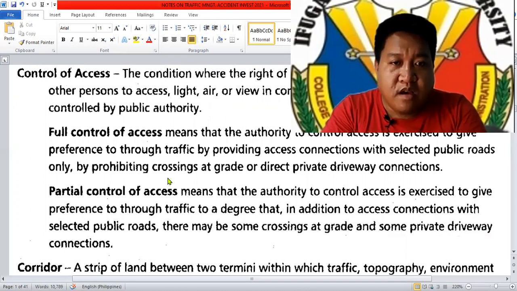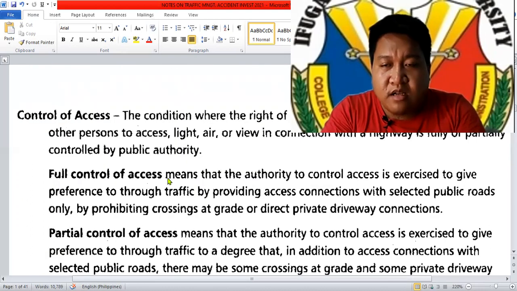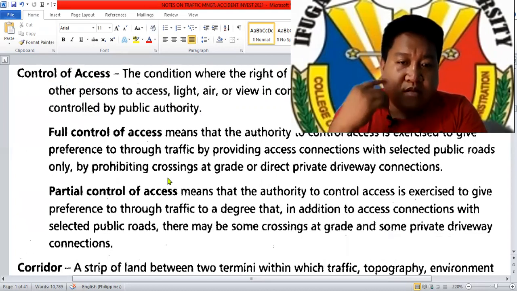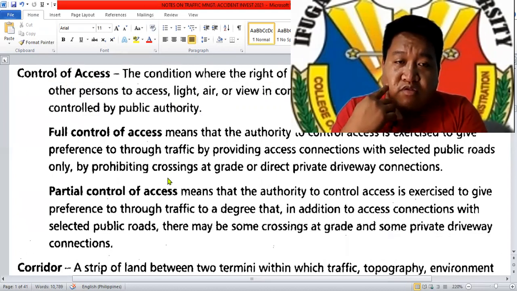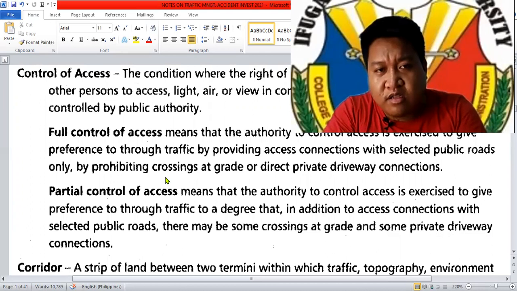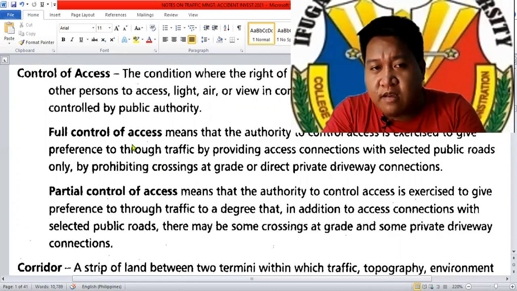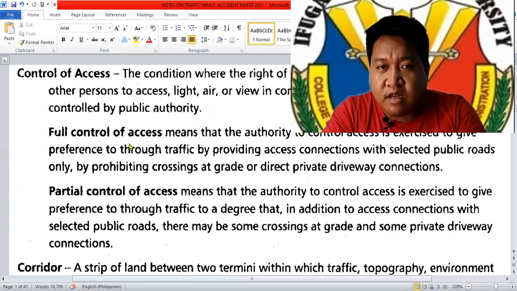So partial is the opposite of full control. And control of access has two types, the full control and the partial control.